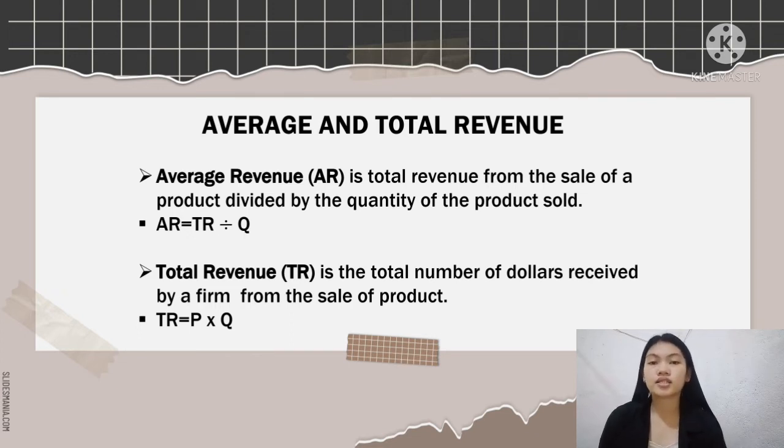Instead, it only takes into account the money coming from selling what the firm produces. As the name suggests, total revenue is all the money coming into the firm from selling each product. Any additional unit of output sold would increase the total revenue.